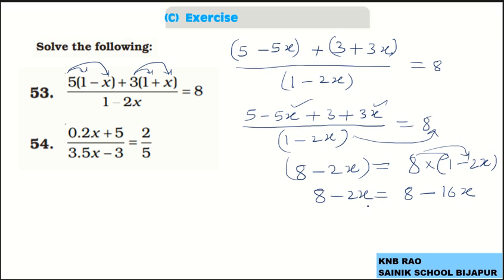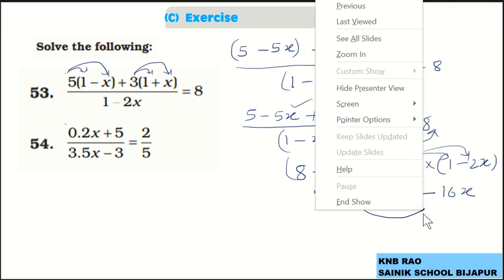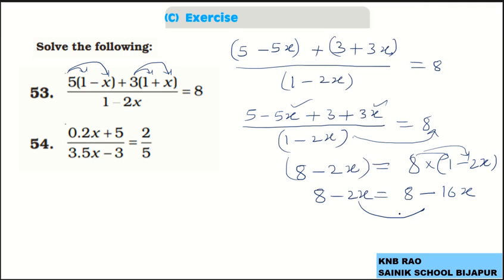Now, children, all the variable terms will take one side. Okay. So, I can take all the variable terms such as minus 2x I am taking to the right hand side, and the constant terms I will take one side.